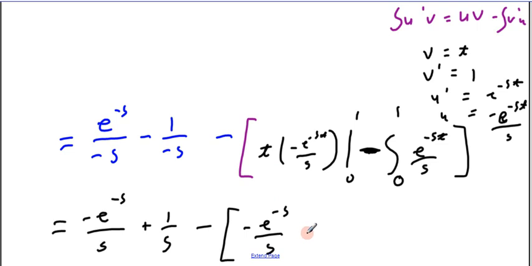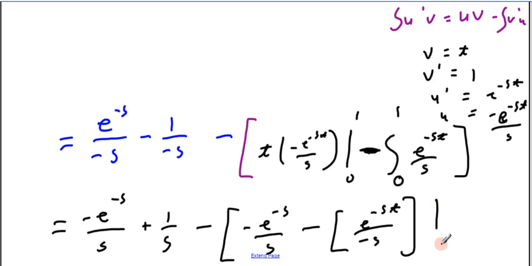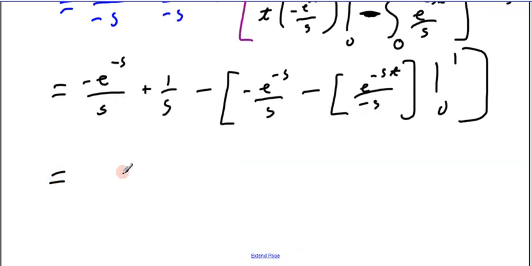Okay, and I'm going to have minus, and this is e to the minus st divided by minus s, evaluated at 0 and 1. Okay, so here I have minus e to the minus s over s, and I have plus e to the minus s over s. So those two guys go away. We'll get rid of them in a different color.